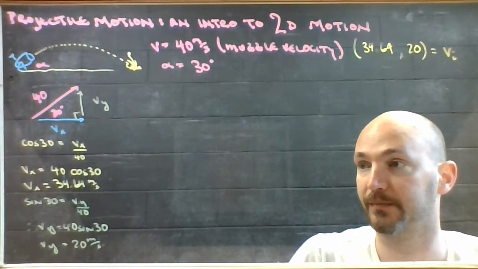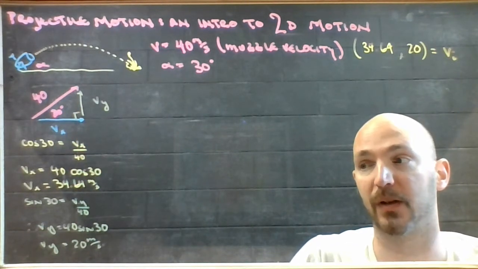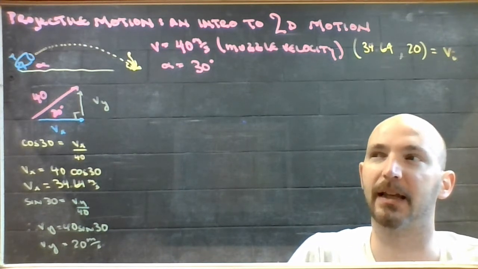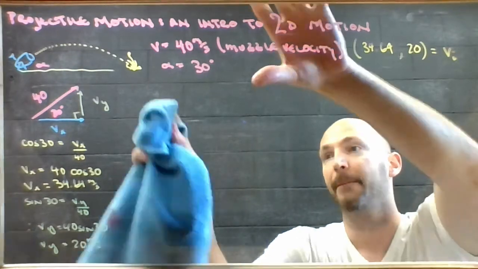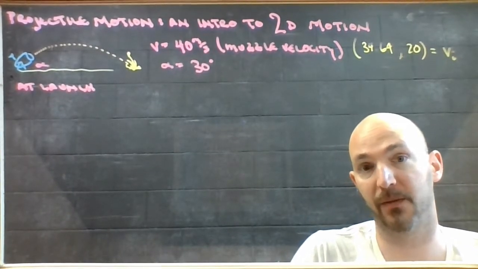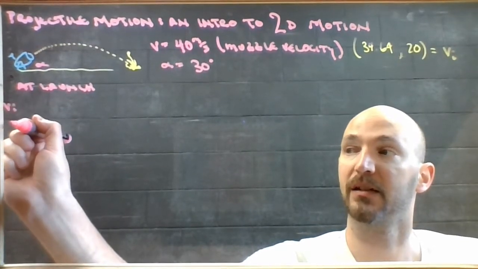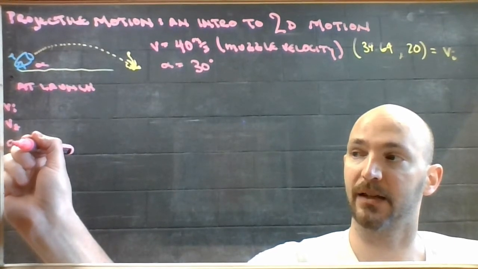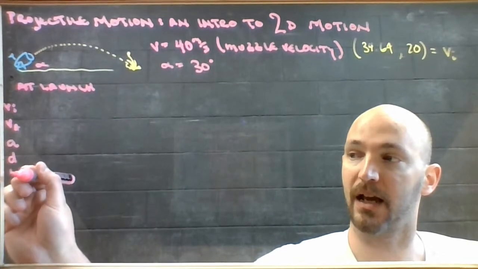All right, good. So I'm going to erase this, and then we're going to look at what all of our initial conditions are and then the final conditions so that we can do some calculations. The kinematics variables that we have to work with are the initial speed, the final speed, the acceleration, the distance, and the time.